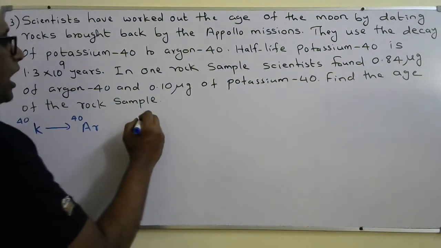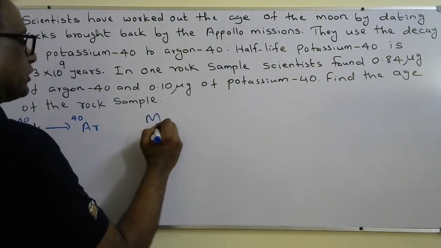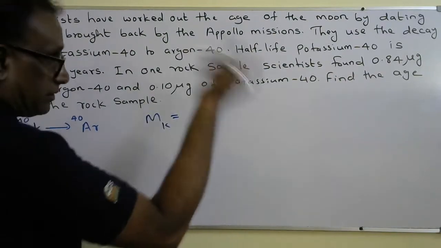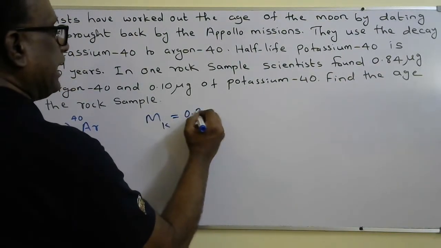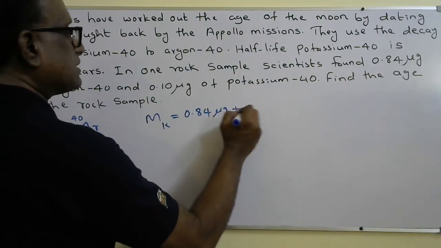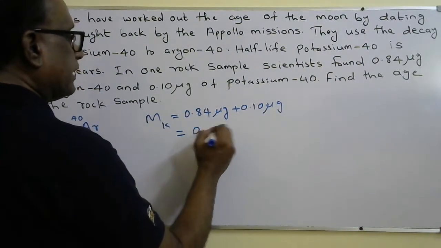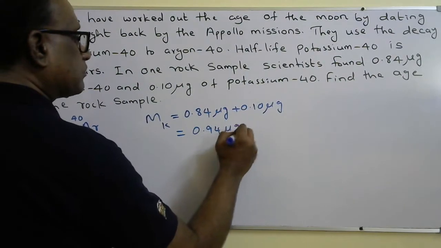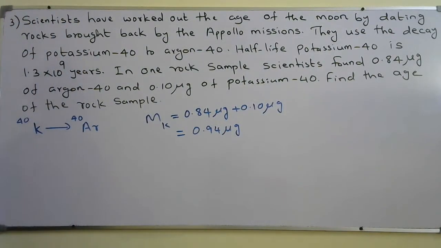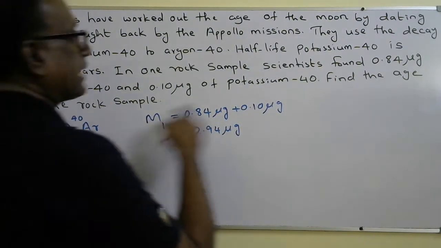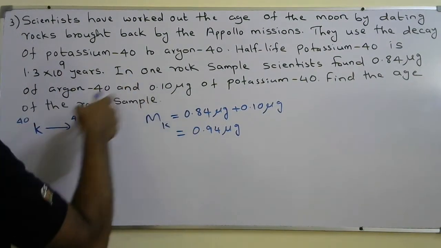The mass of potassium in it was initially 0.84 microgram plus 0.10 microgram, that is 0.94 microgram, initially the amount of potassium. Now the mass of potassium has dropped to 0.10.